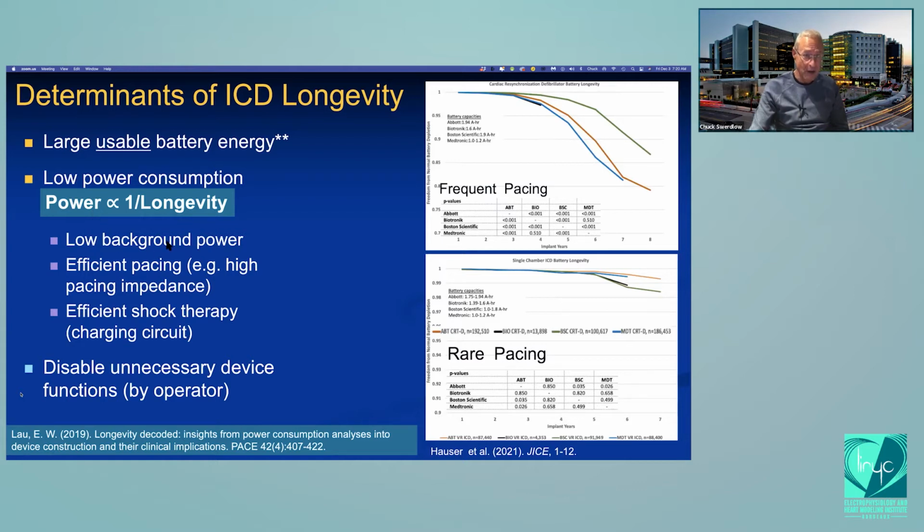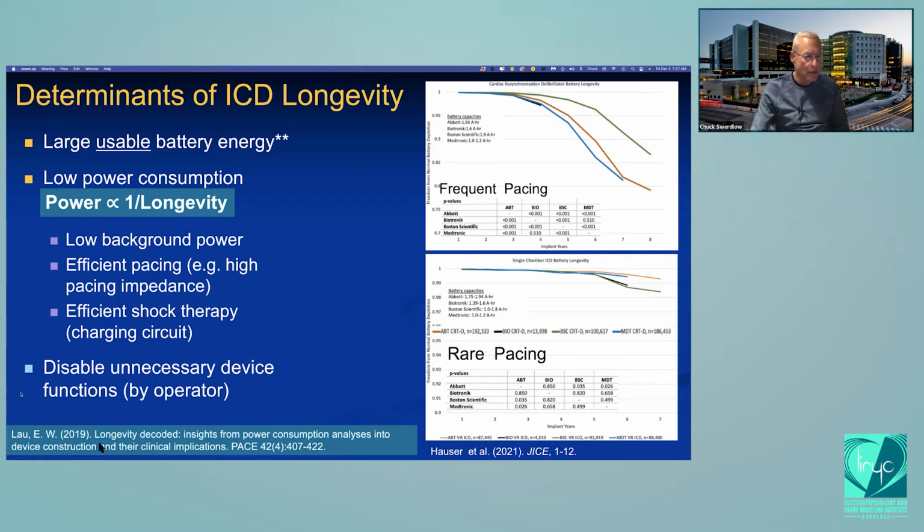So that means low background power, of course, efficient pacing and efficient shock charging circuits. And then, of course, turning off features that you don't need, right? If the patient doesn't need rate response in a pacemaker, you can turn off the rate response, right?